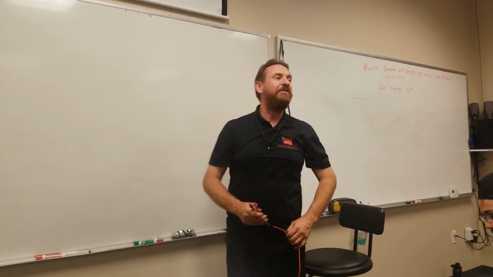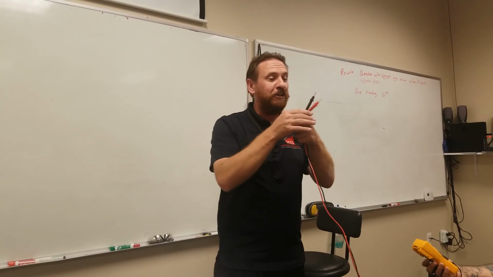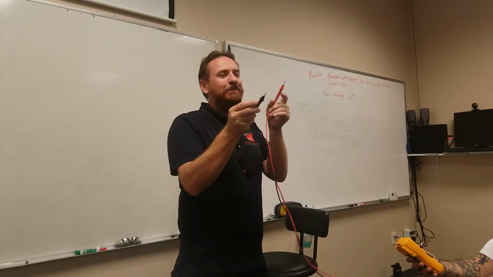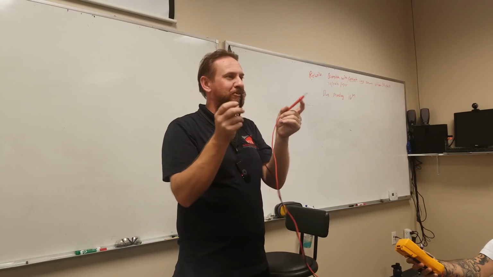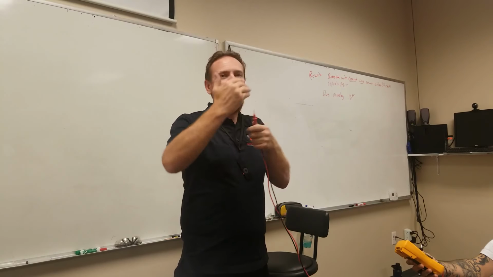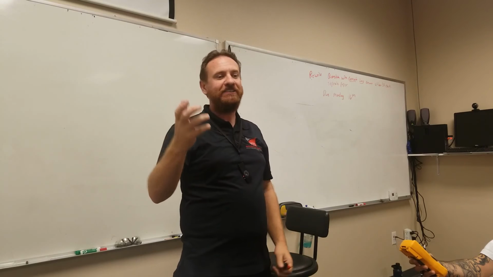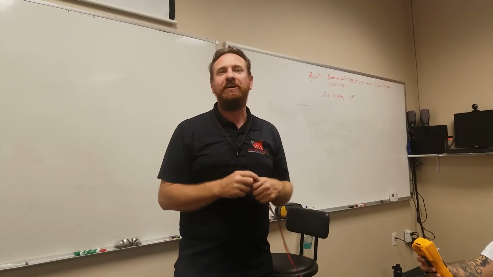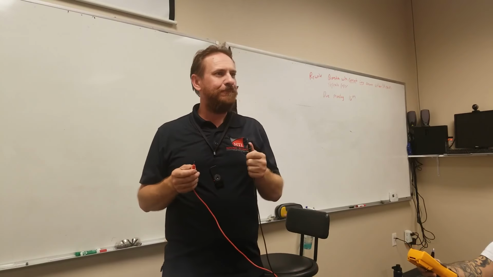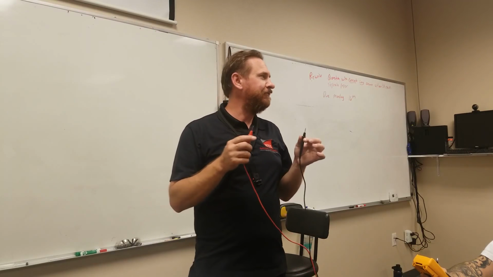It's showing us 0 because there's no potential difference between where I'm using my leads. I need them in 2 different locations to have a potential difference. If they're both on the same side, there's no pressure. I'm putting my scale, so to speak, completely in both sides of the water. There's no pressure reading on it. You have to have it across 2 different points. Does that make sense?